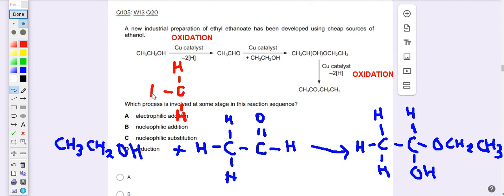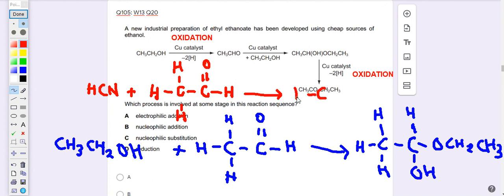I use the same aldehyde, but this time I change the nucleophile to HCN. At the end what you get is the CH3, the R group always remains the same, but the O became OH. The H is still there, and one more group is added to the C. In this case will be CN.